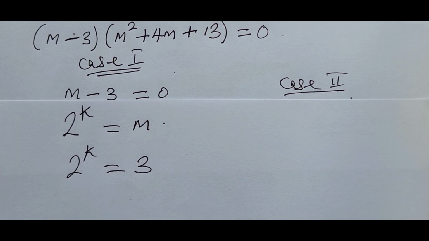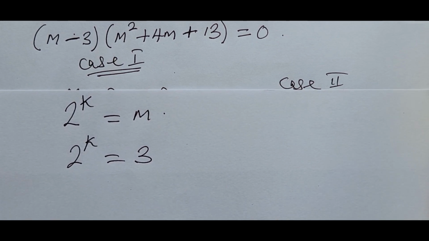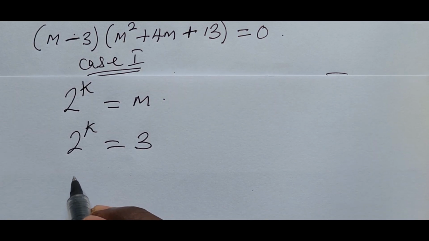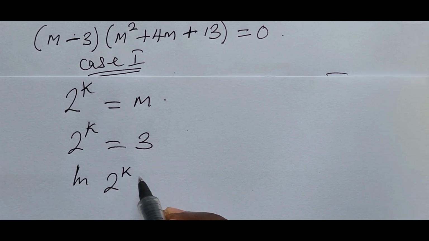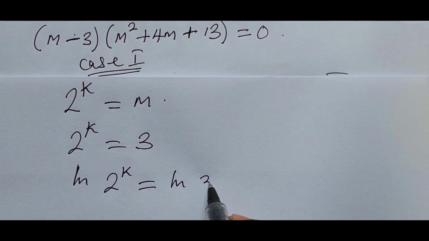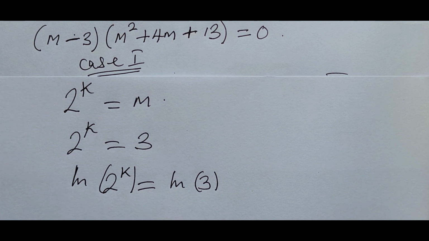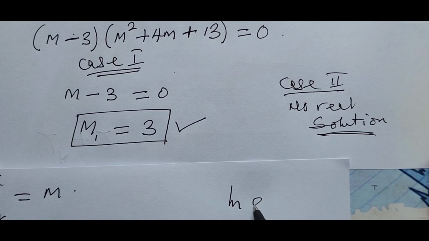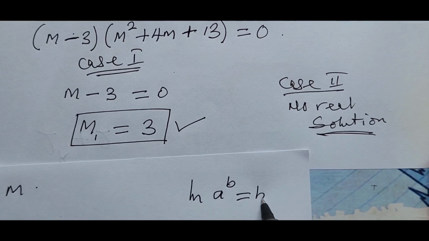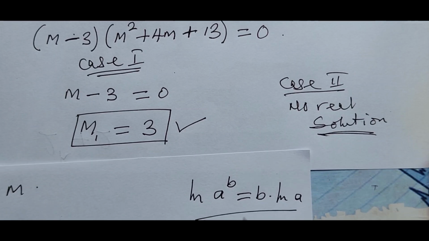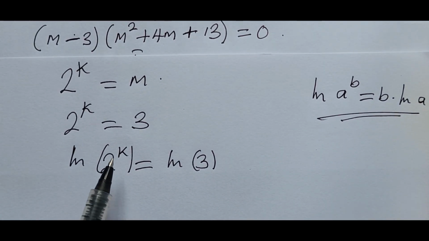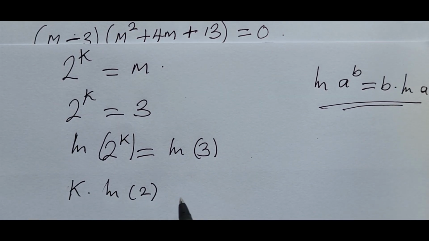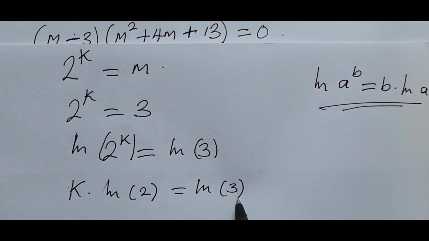What we do here is take log of both sides of the equation, or we can take ln of both sides. So we have ln of 2 to the power of k equal to ln of 3. We remember the power law of logarithms, which says that ln of a to the power of b is equal to b times ln of a. Applying that rule, we move k to the front to give k times ln 2 equal to ln 3.